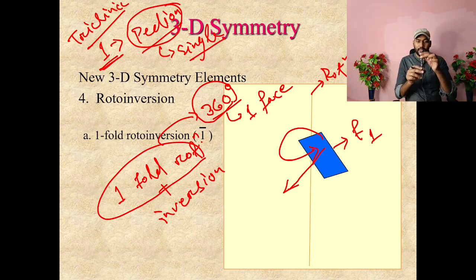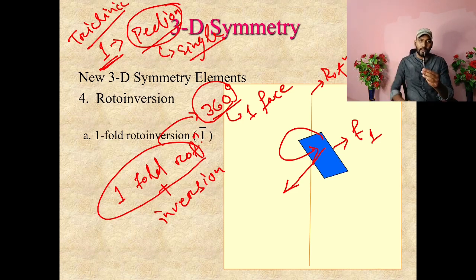Again I will repeat this. This is the initial position. One fold rotation means 360 degree, one single face. That means after 360 degree we will come back to the same face. There is no other face in the 360 degree rotation. So we'll start from here, 360 degree rotation and then inversion.